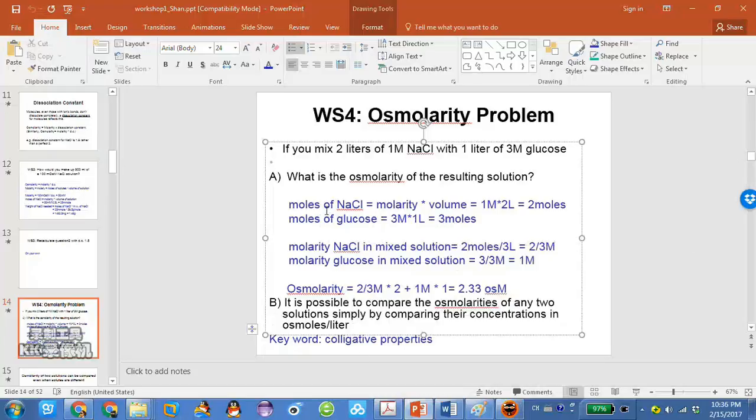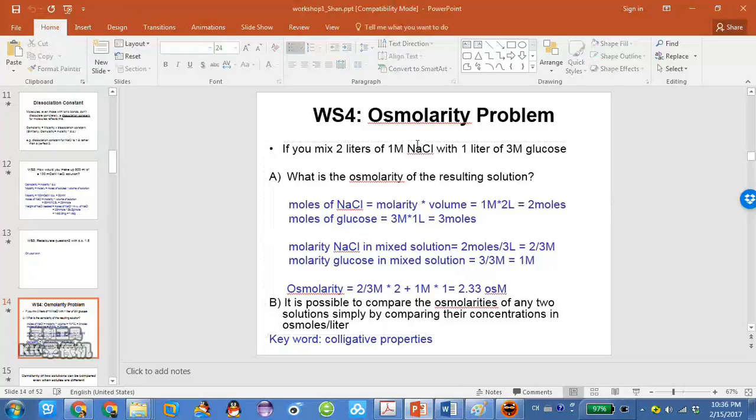The moles of NaCl in the original solution equals the molarity times volume, which is 1 molar times 2 liters, which gives you 2 moles of NaCl. That's the amount of NaCl that you have in the original 2 liters of 1 molar NaCl solution. And no matter how you mix that solution with other solutions, the amount of NaCl that's been provided by this solution will not change.